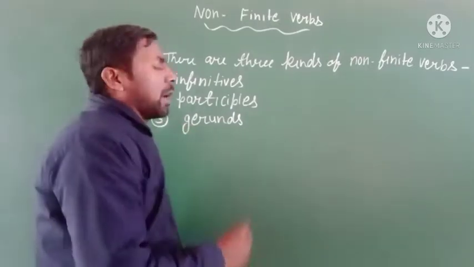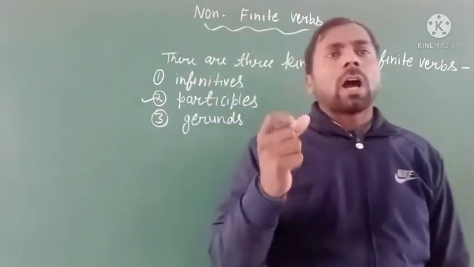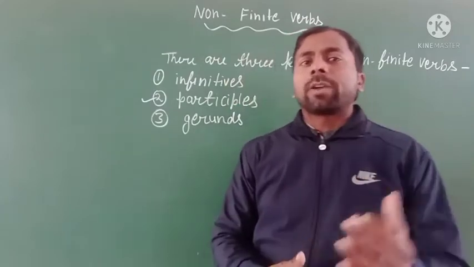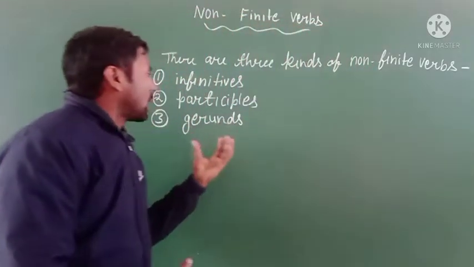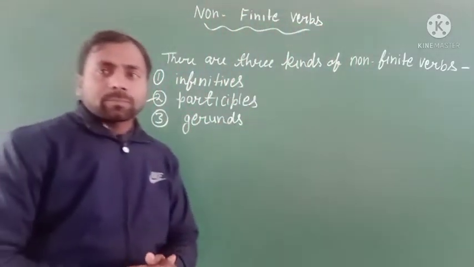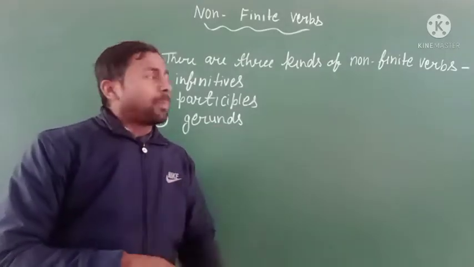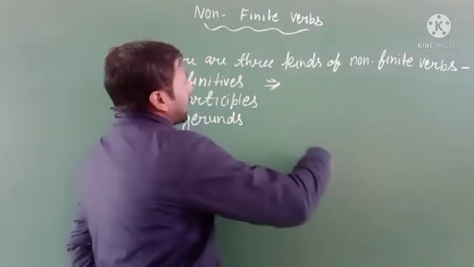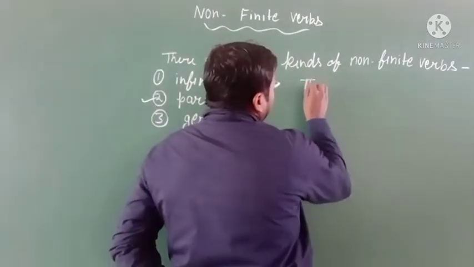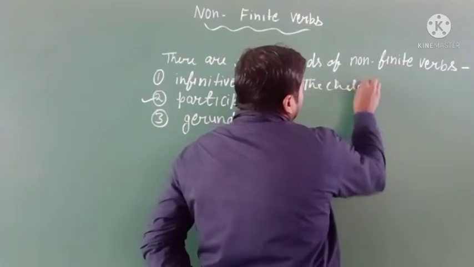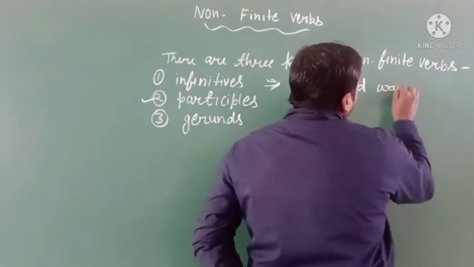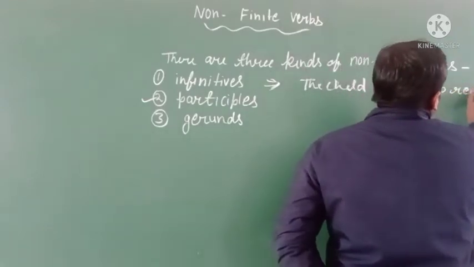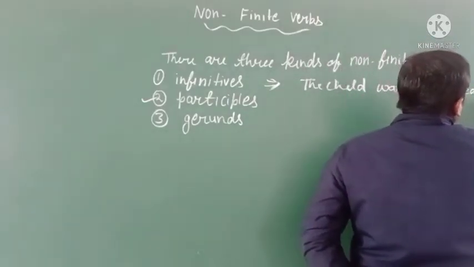What is the sense of the participle, how can we use the participle in a sentence, and how can we identify it? In the previous video I gave an example of the infinitive: the child wants to read a story.